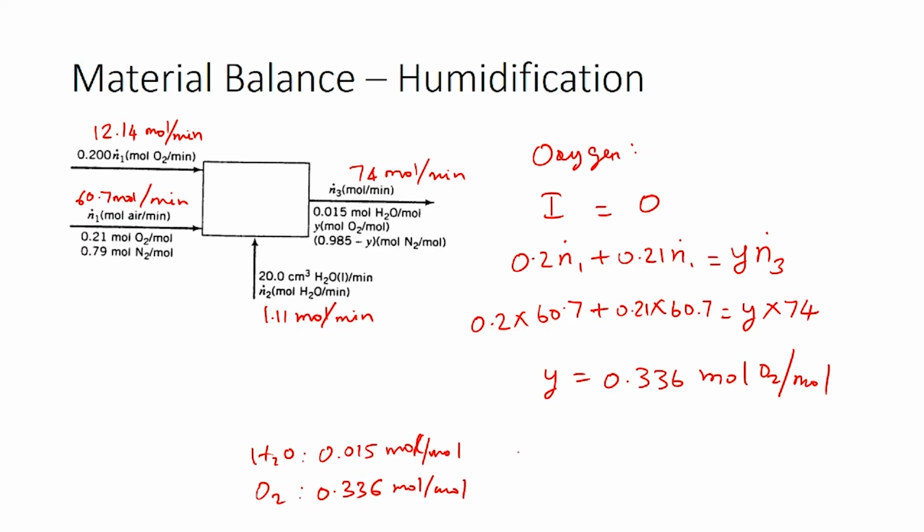So, nitrogen would be 1 minus 0.015 minus 0.336, giving you a value of 0.649 moles per mole, and the total molar flow rate of this exit stream is 74 moles per minute.